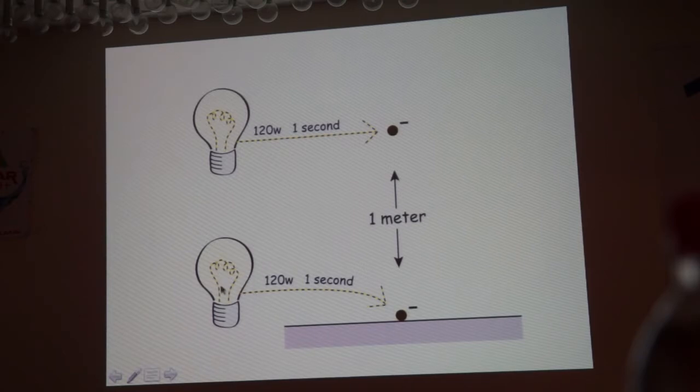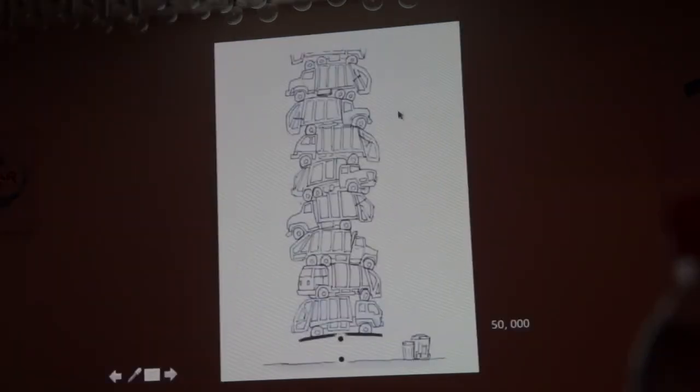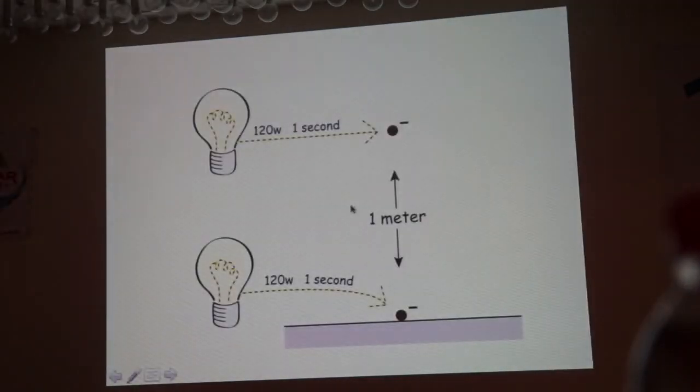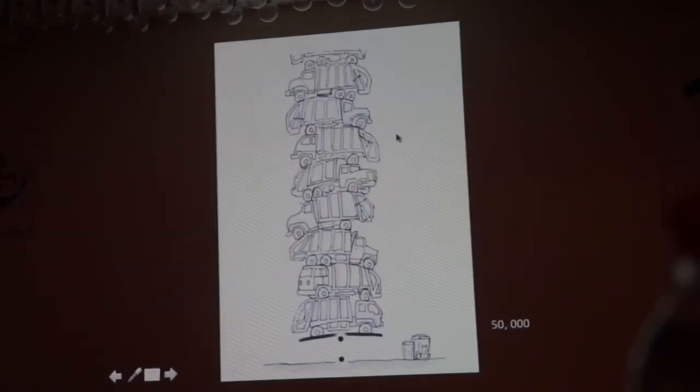Collect all the electrons that flow through for 1 second, put them here, put them 1 meter apart. The mathematics works out easily with one meter. And the question is, this one will go in this direction. And how much weight do you have to put on this one to prevent this upward movement?